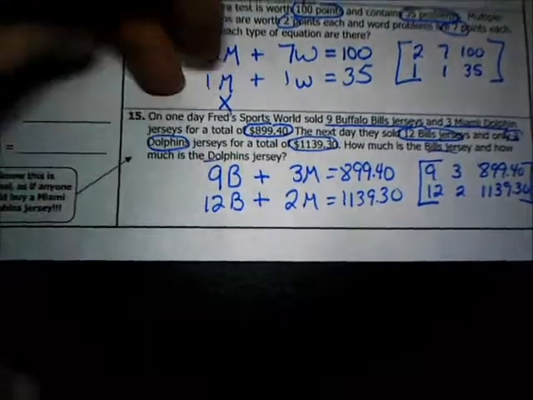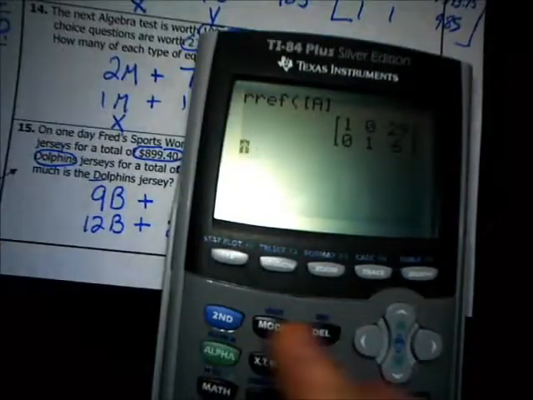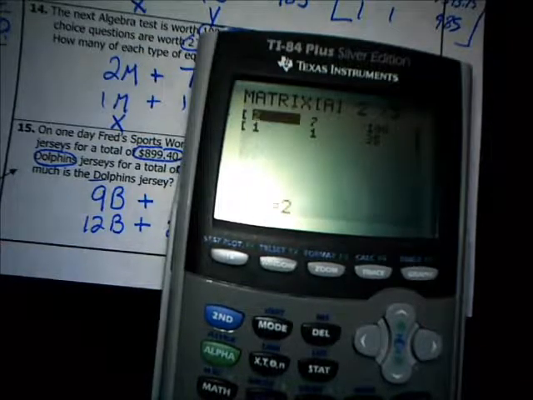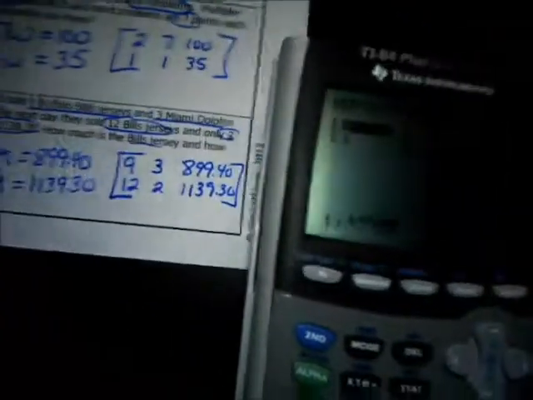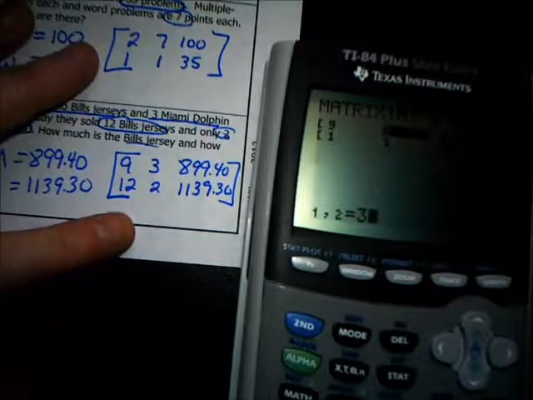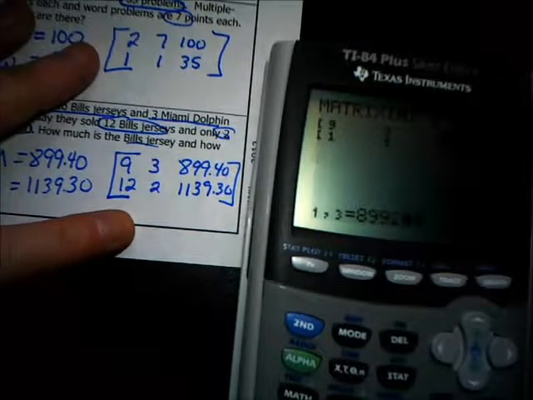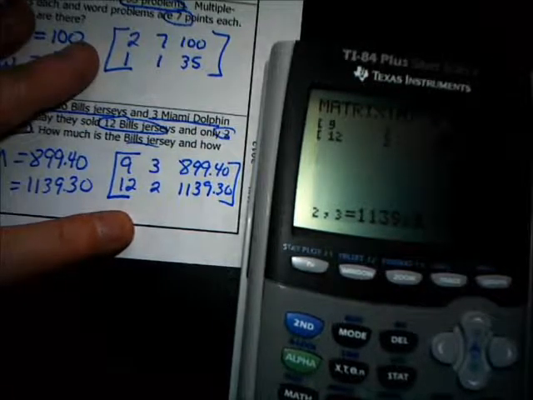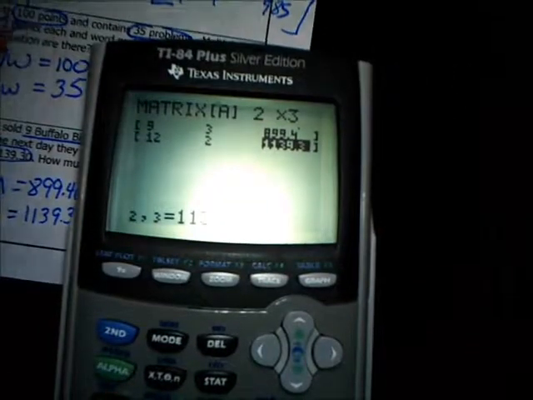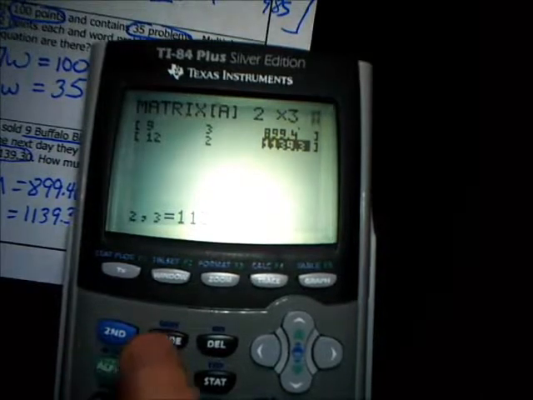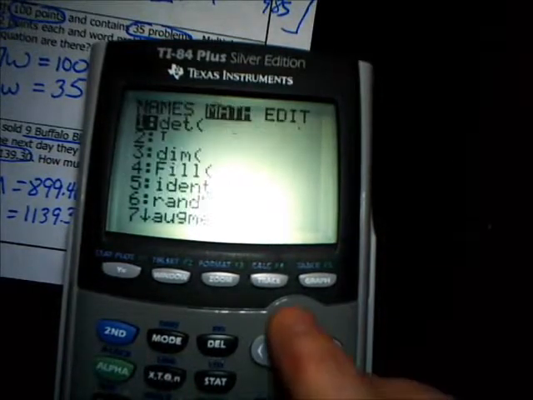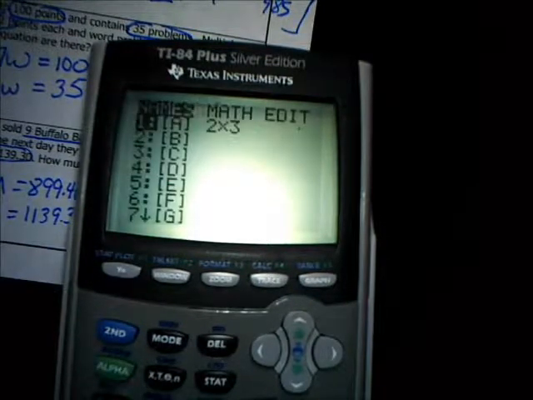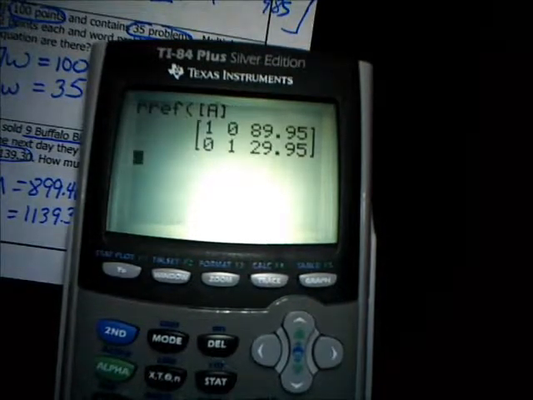So I want to put these into my matrix. Okay, so I have them entered. Get out of that, go into the B option and make sure I have matrix 1, and there we go.